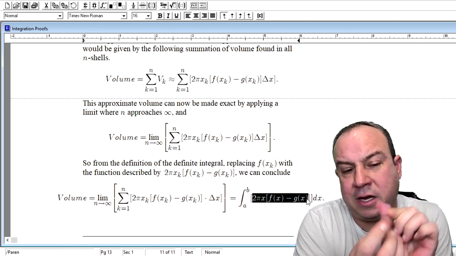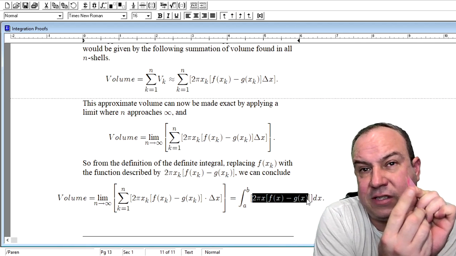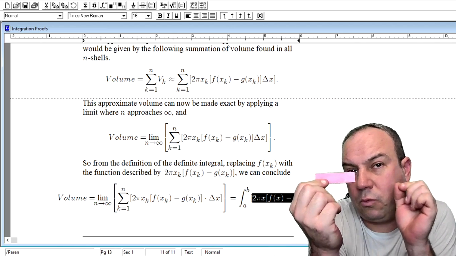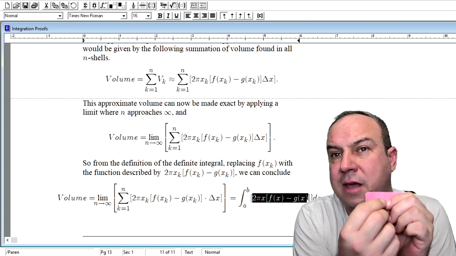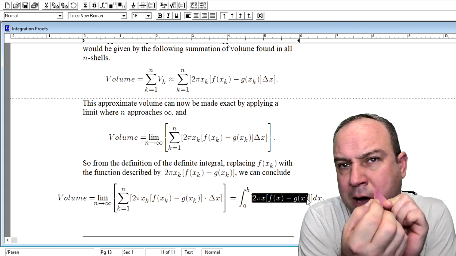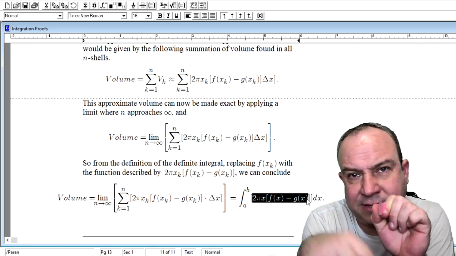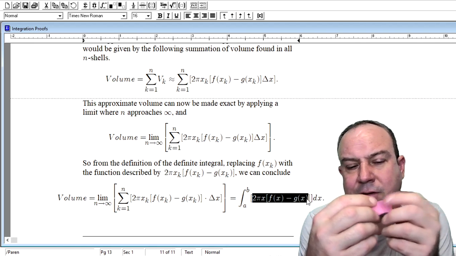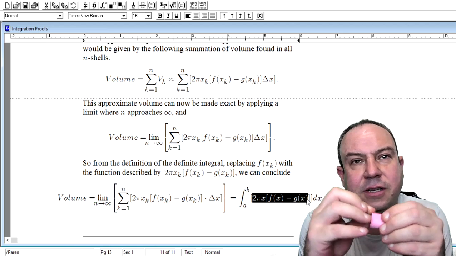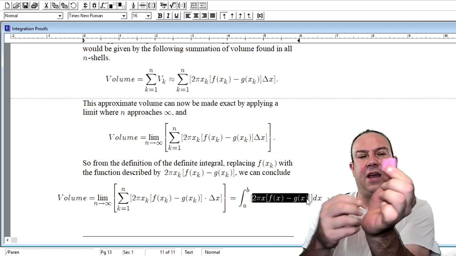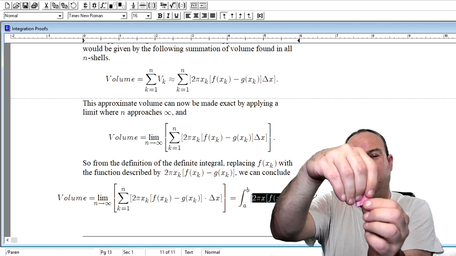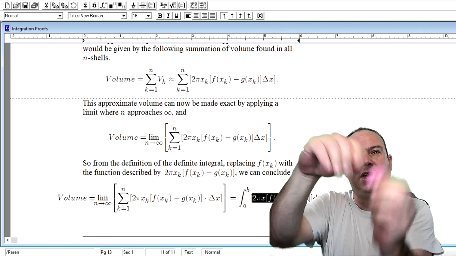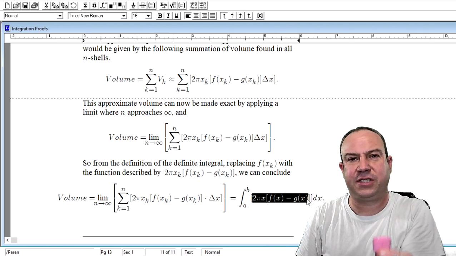And we're integrating that across all of these little widths, where when we approach infinity in our limit, they all become infinitesimally small, or really just become lines in our space. So in terms of shells comprising this region, we have these little two-dimensional rings that end up comprising that whole solid.